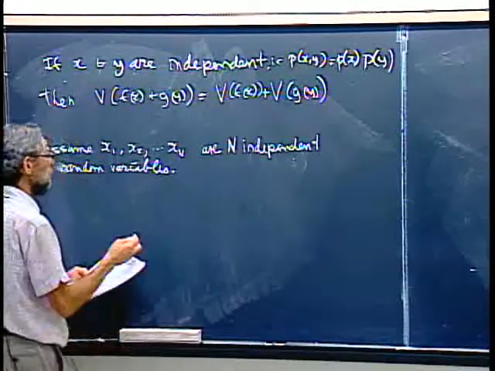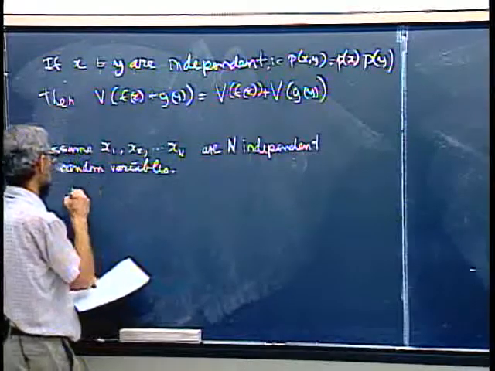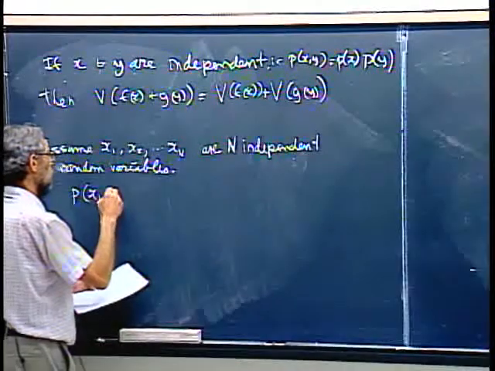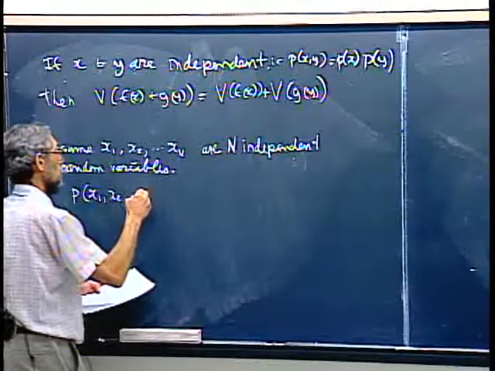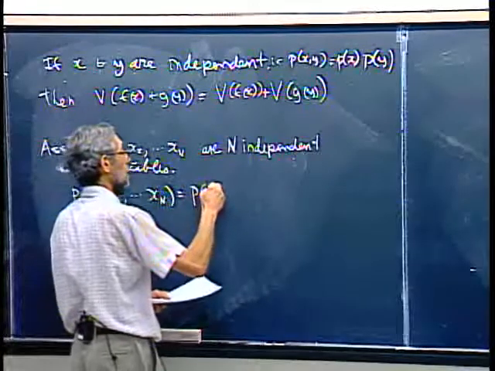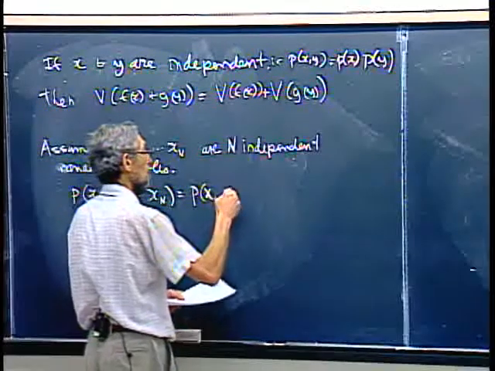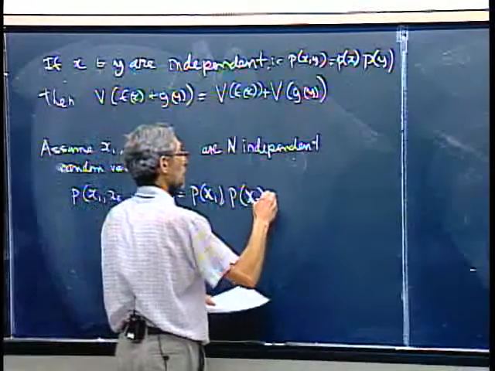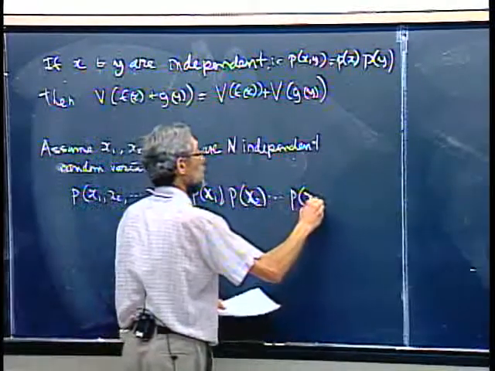So for continuous variables, if I have n of them, that means the probability of getting the first one to be x1, the second one to be x2, up to xn, is the probability of x1 times the probability of x2, up to the probability of xn.